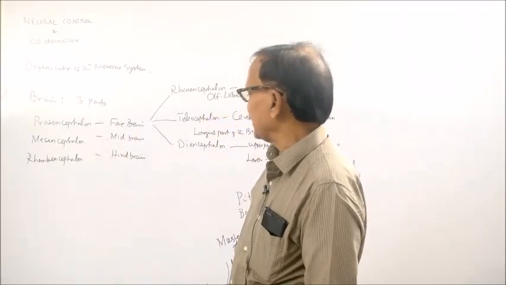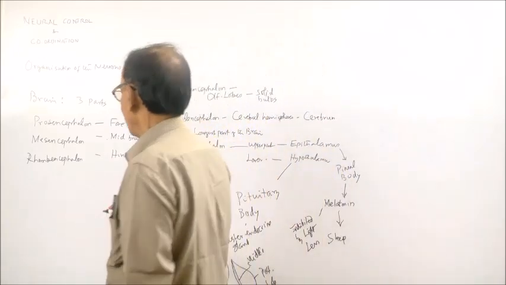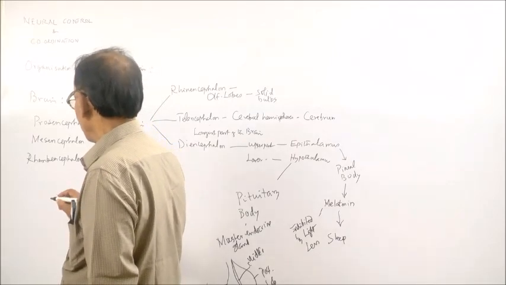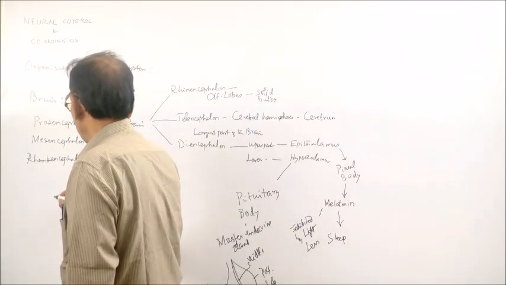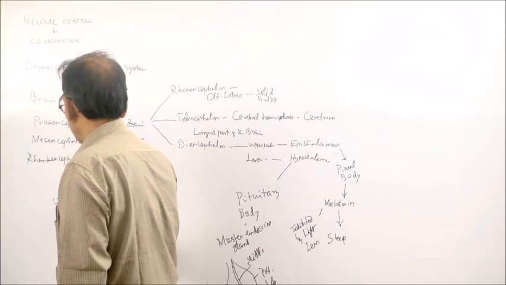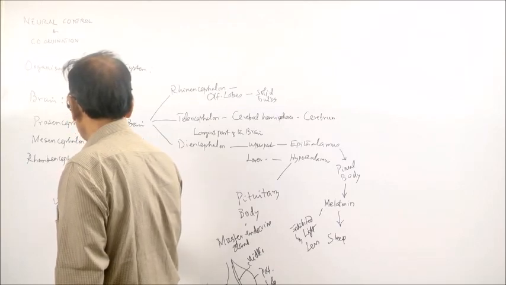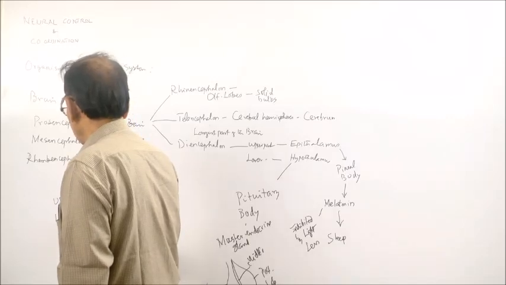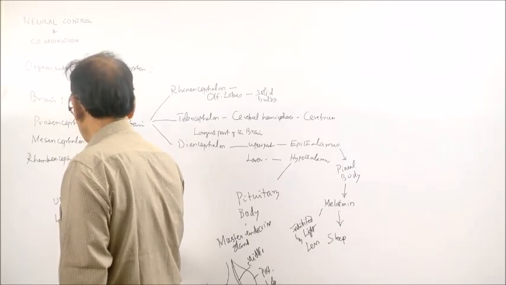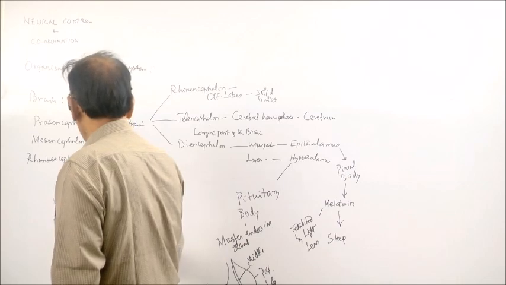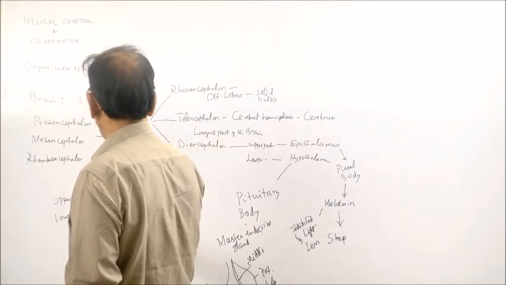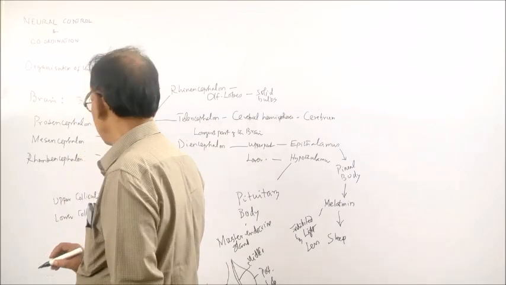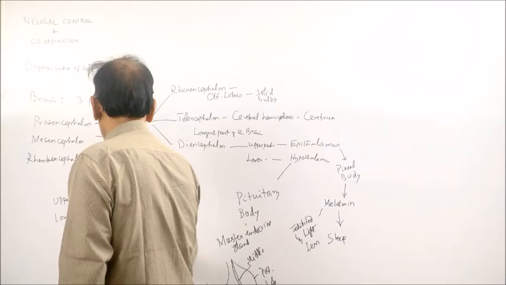Now, this midbrain consists of 2 pairs of colliculi: a pair of upper colliculi, and a pair of lower colliculi. Now, upper colliculi control vision, whereas lower colliculi control hearing.